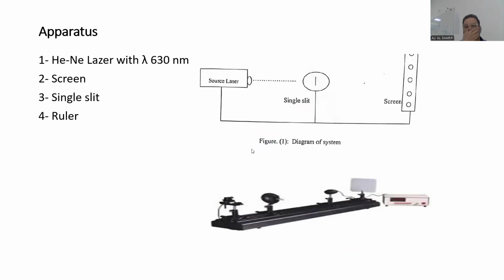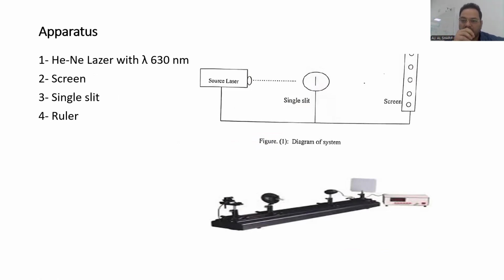Here, what we will use, I'm talking about the tools: a helium neon laser with a known wavelength, that means 630 nanometers, a screen to see the patterns, the laser diffractions, single slits to determine the width of the single slit, and a ruler to know the distance between them, because the distance between the single slit and the screen will be important.